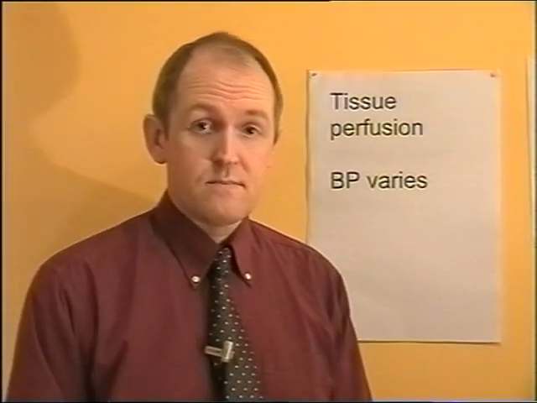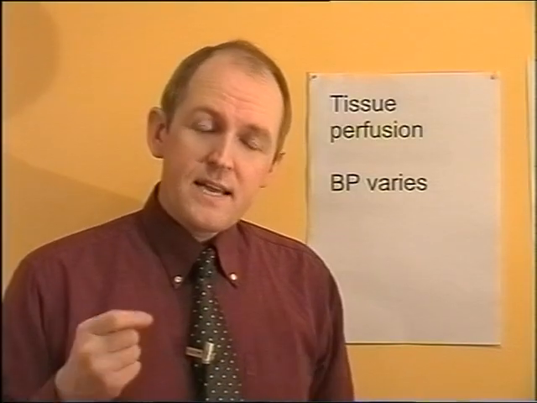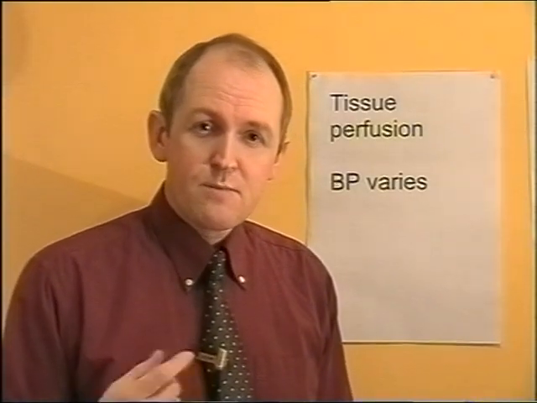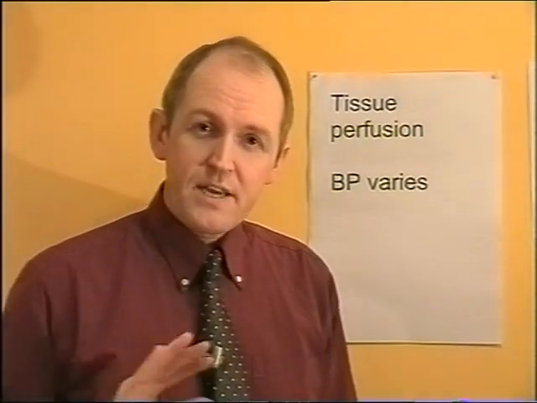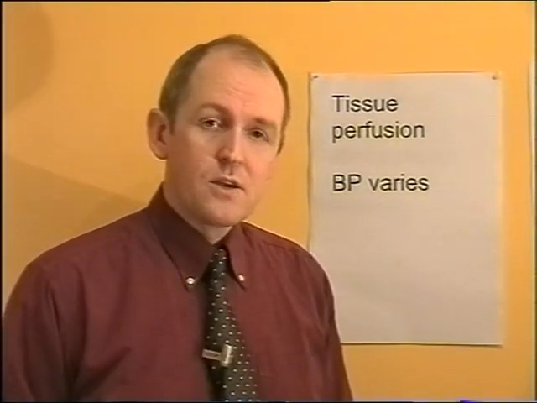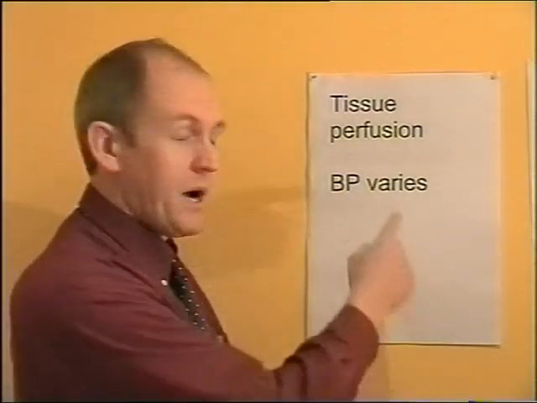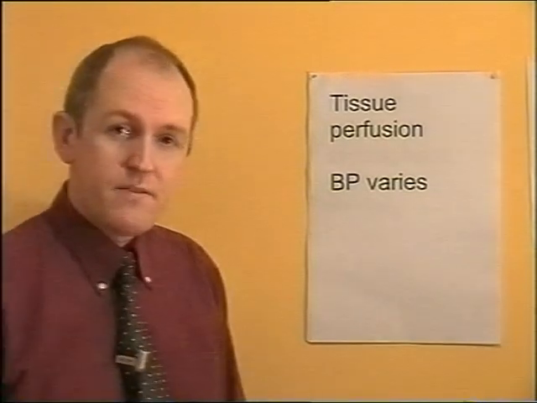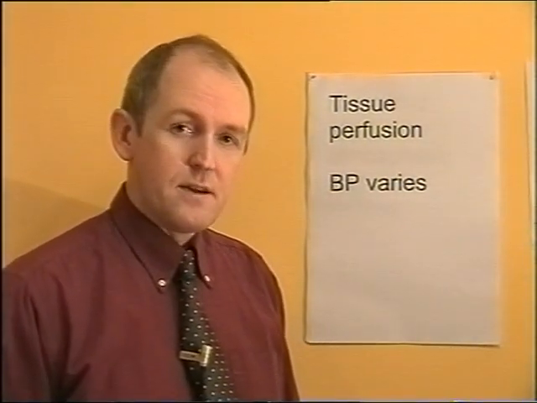The kidneys need a constant blood supply because they need the blood to filter to produce the urine. And in fact, to produce the urine, you need quite a good pressure of blood going into the kidneys. So normal blood pressure is required to achieve tissue perfusion. Absolutely vital to life.